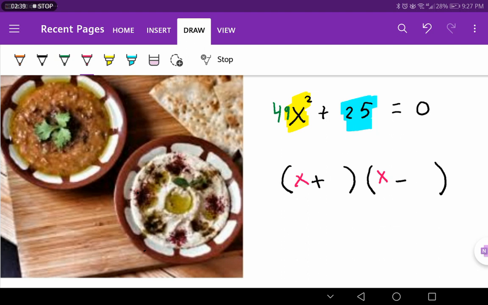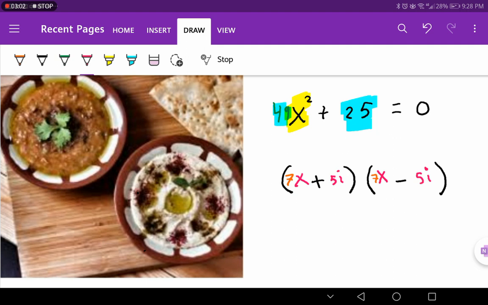It is not x actually. See the coefficient of x squared, it's 49. Where is it coming from, my dear students? It's coming from 7 multiplied by 7. So what should we write here? Yes, 7 here and 7 here. And what about the 25? 25 will be 5i and 5i.